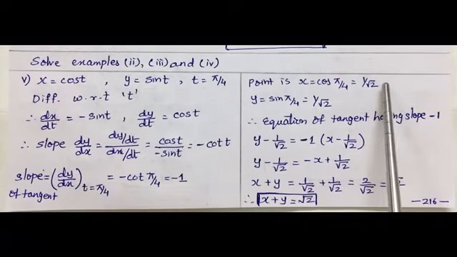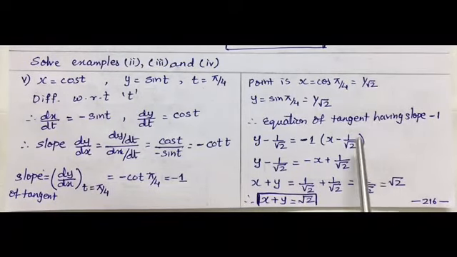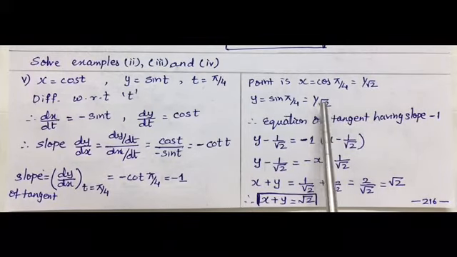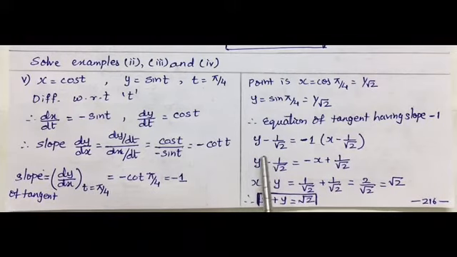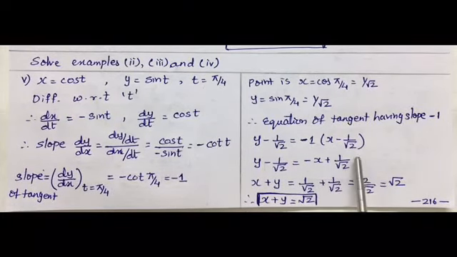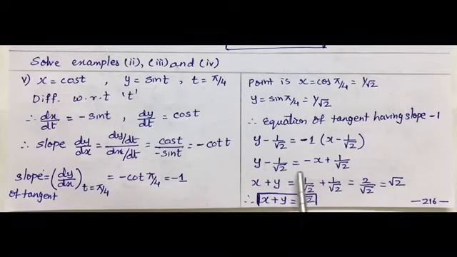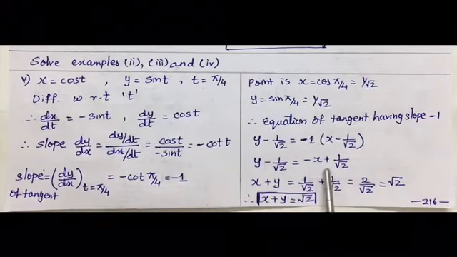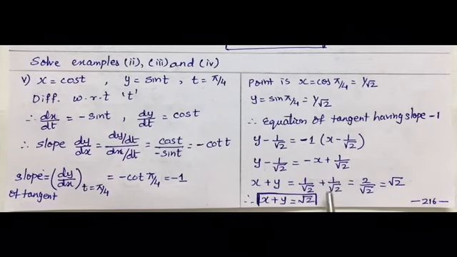Substituting the value x0 as 1 by root 2, y0 as 1 by root 2, the equation becomes y minus 1 upon root 2 equal to slope, which is minus 1, into x minus 1 by root 2. Now expanding the bracket, we get y minus 1 upon root 2 is equal to minus x plus, minus minus makes it plus, 1 upon root 2.